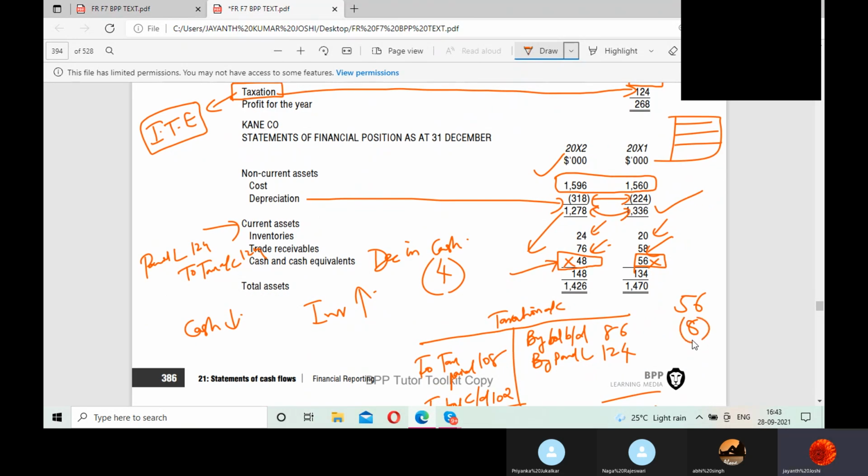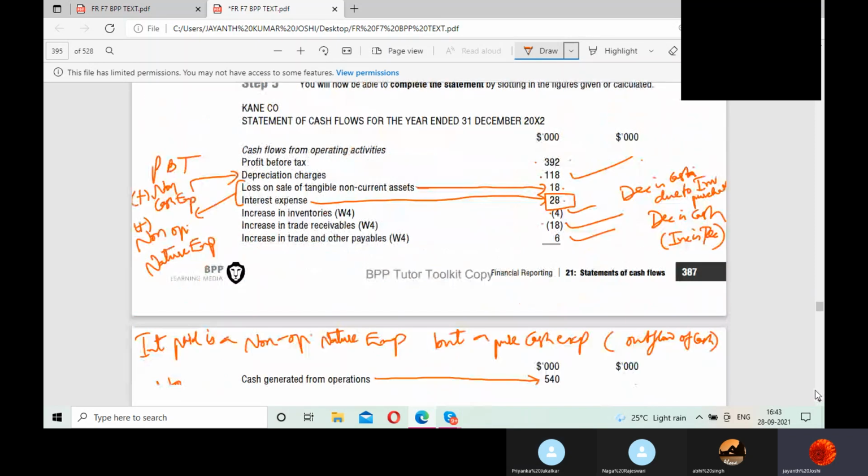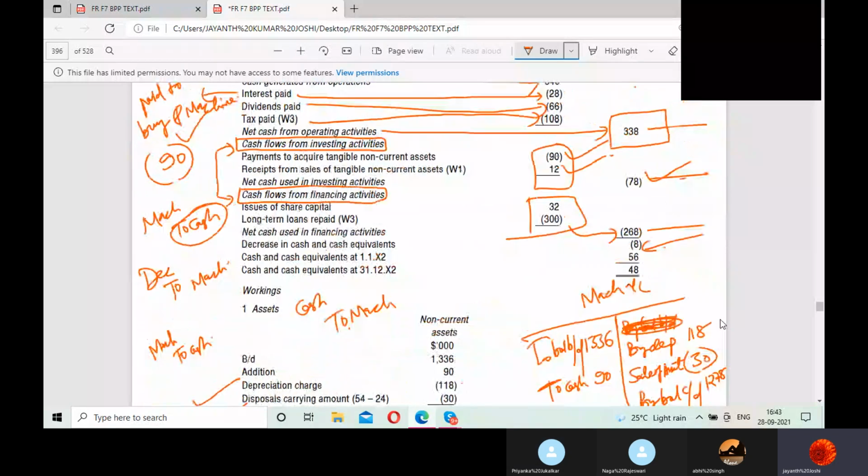When you adjust it, that means negative balance is nothing but you paid this much in all after adjusting. What is the balance you have at the end of the year now with you? 48. Okay, that is what you need to prove, and if that is proved, then your cash flow statement is correct. So we have this. Finish this off.